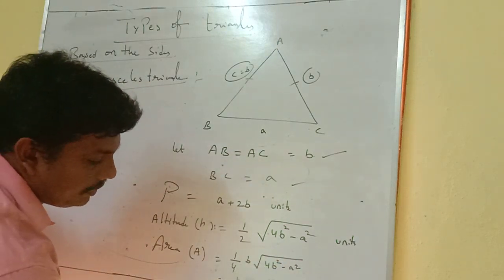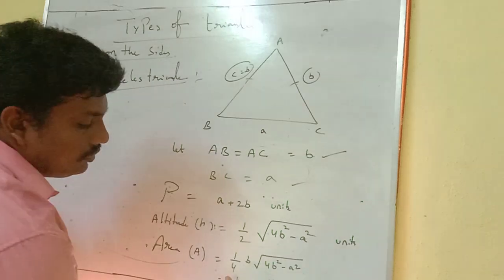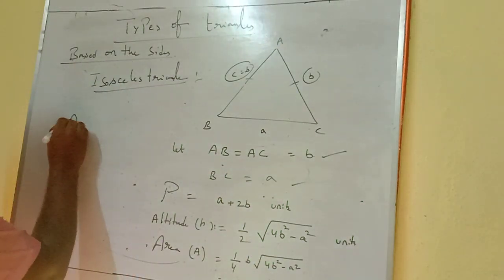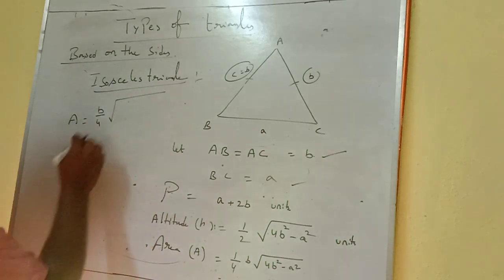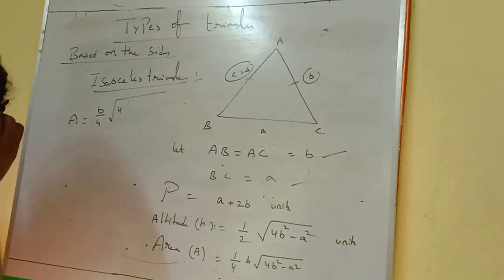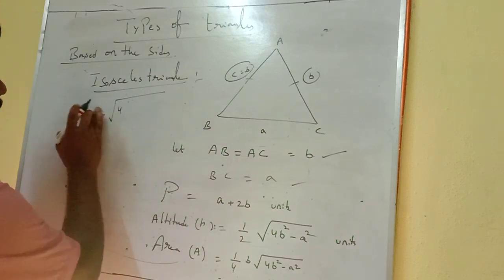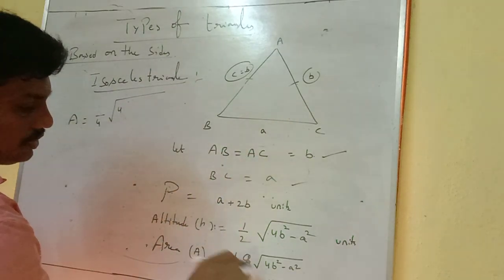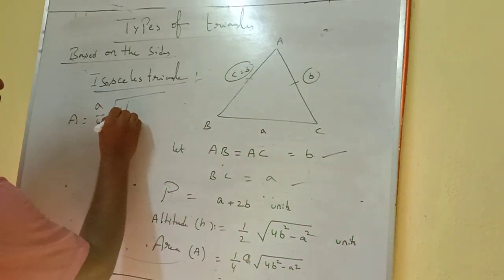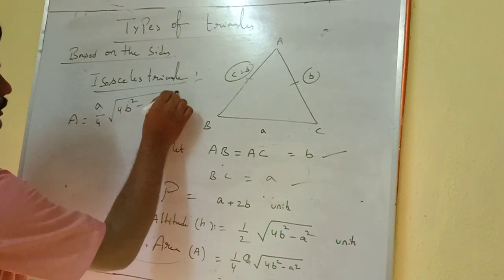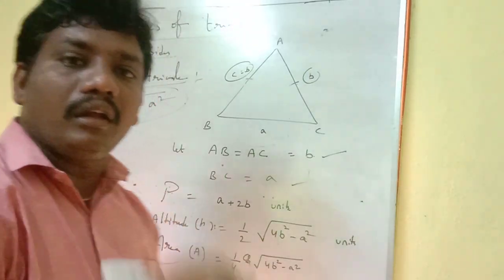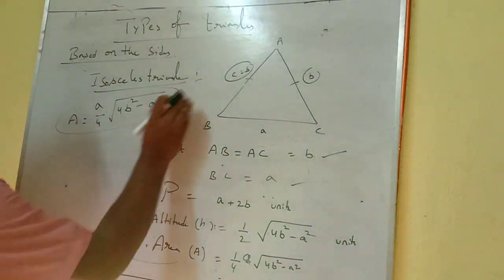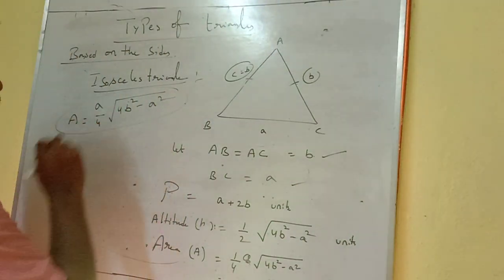So here base is equal to a, so a by 4 into root of 4b square minus a square. This is the area of isosceles triangle. So now I hope you are clear.